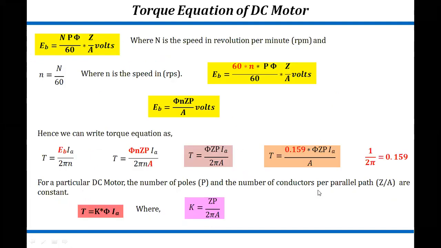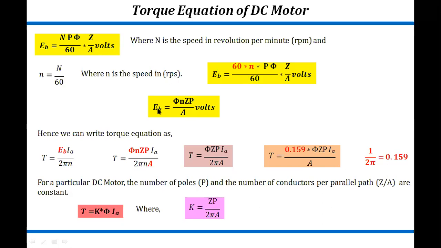Now we are supposed to solve how we will get the back EMF and how we will get the armature current. Before that, you can see that when we write the speed in rotations per minute, and if you are supposed to solve for rotations per second, you will get the equation like n Z P phi upon A, because 60 will get cancelled here.